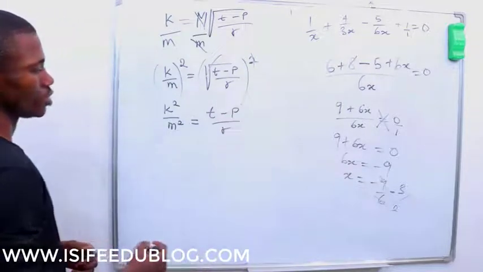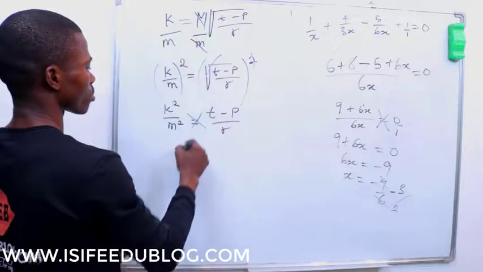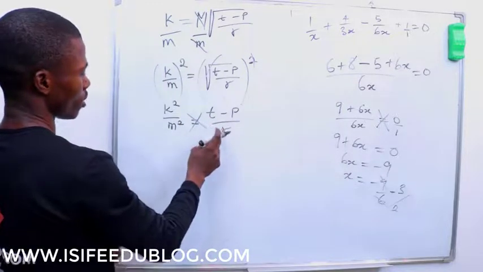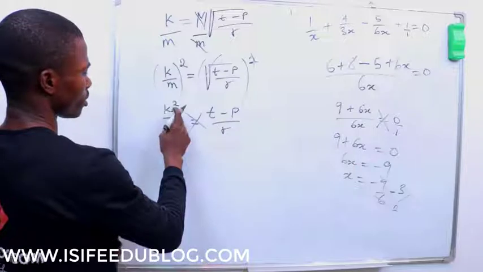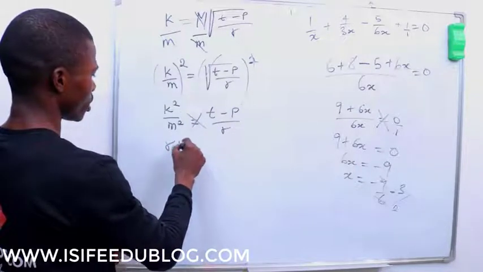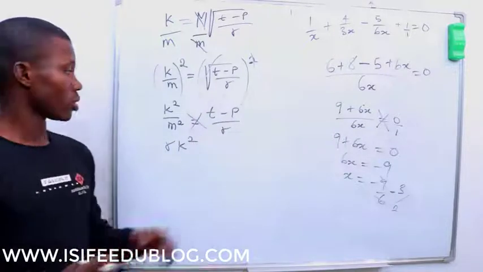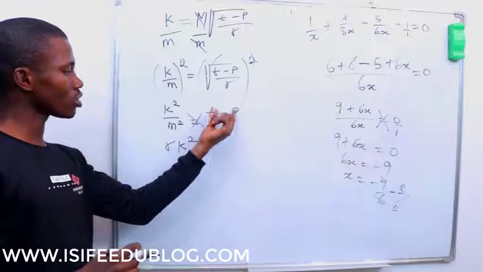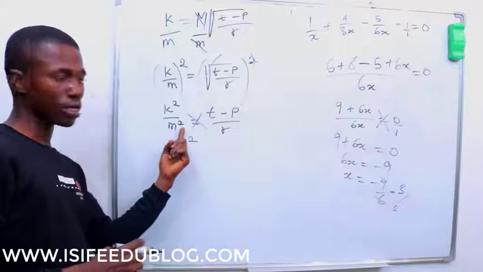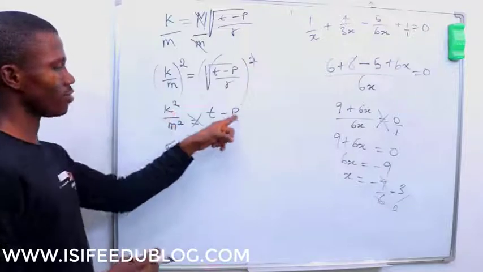What shall we do next? We cross multiply. We cross multiply R with K squared, so it will be RK squared. Watch what you can do now. You can equally leave this part. Don't cross multiply this, just cross multiply this and leave this here.